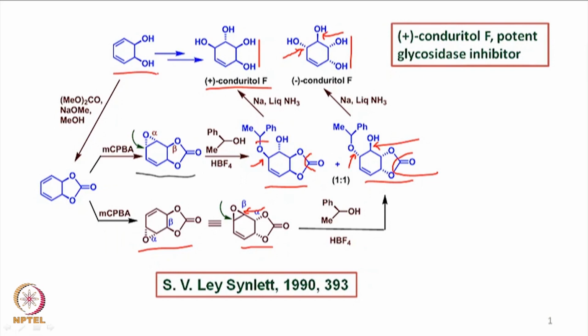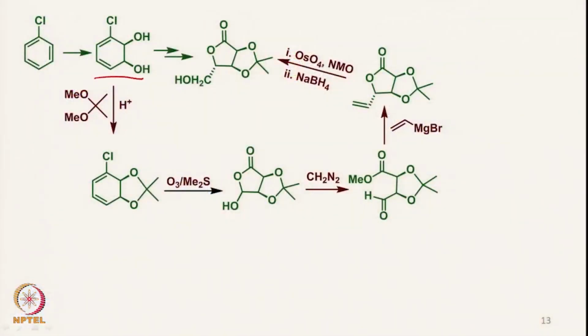a molecule of this type, which has a plane of symmetry. Now we can also have the conversion of the diol coming from the chlorobenzene, which is optically active. Now we do not have to worry about optical activity, because it is not a symmetrical molecule, and this was protected as the corresponding acetonide by using dimethoxypropane in acidic conditions.